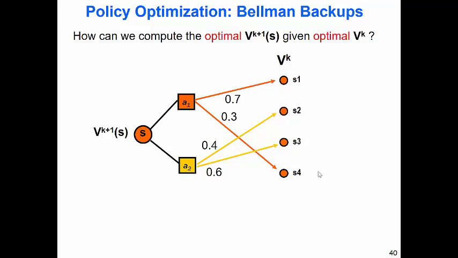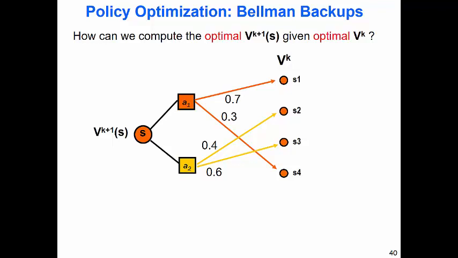The Bellman backup has a lot of nice properties, and it's the basis for why a lot of the algorithms for MDPs work, and actually the basis for why a lot of the reinforcement learning algorithms work. For example, Q-learning.